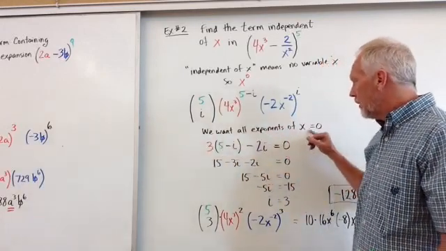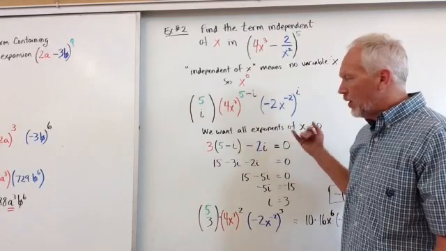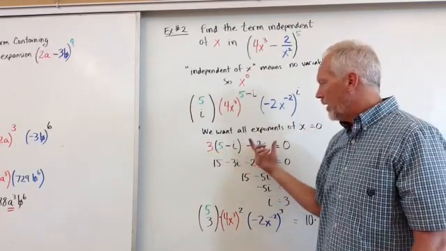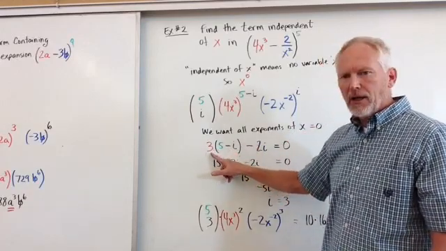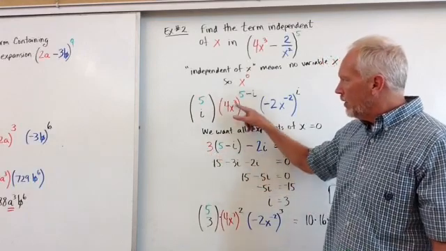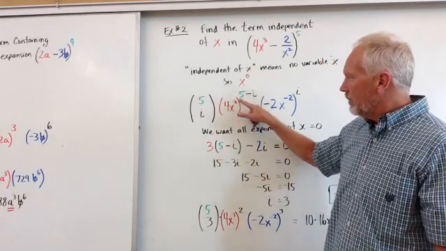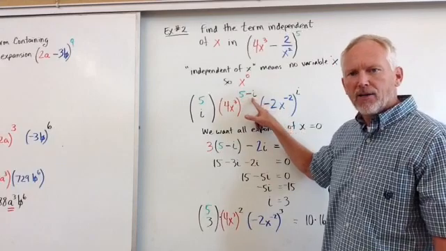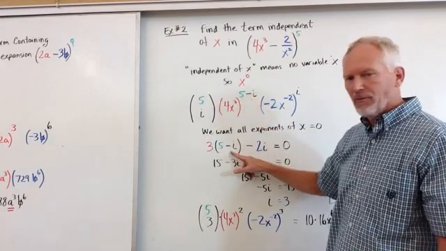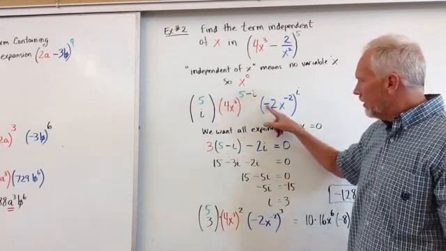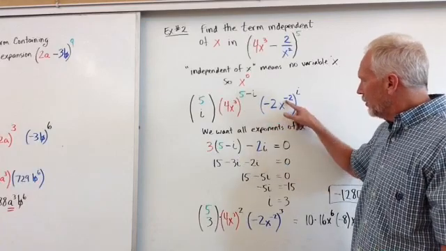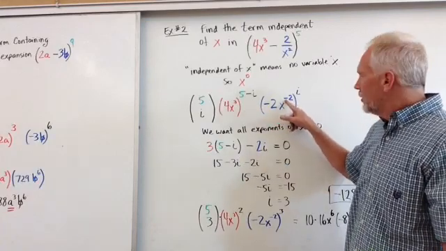So we want all the exponents of x to equal 0. So we put them together, we add them. So we get 3 times the quantity 5 minus i. And then there's negative 2 times i.